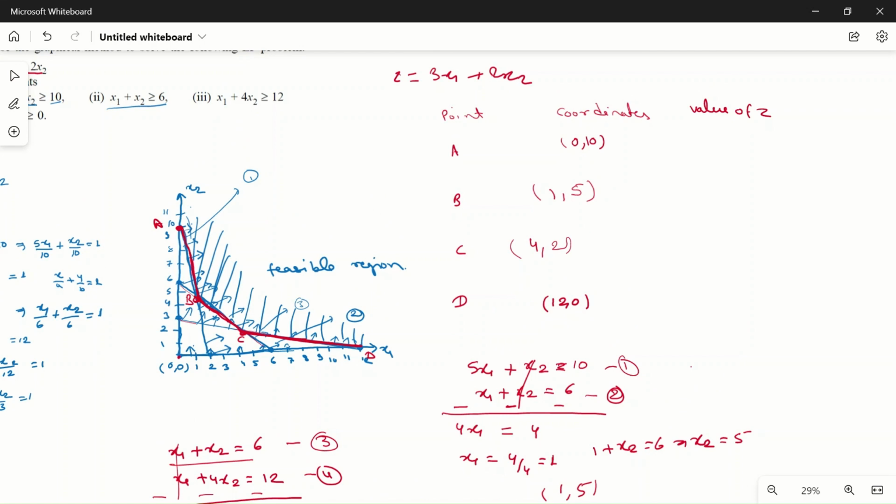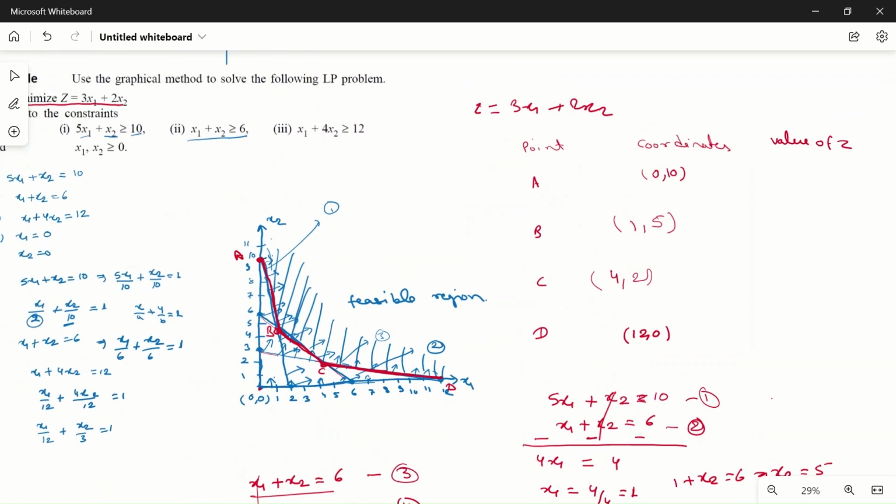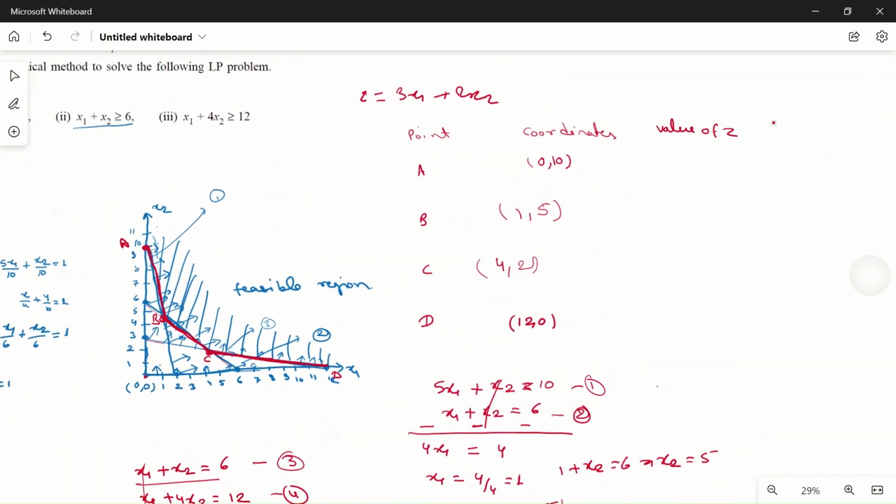Now these are the extreme points. We have to find the value of z at these extreme points. So the value of z is 3x1 plus 2x2. Put the value of x1 and x2 here. At point A we get 3 into x1, which is 0, plus 2 into 10, which is 0 plus 20, which is 20.